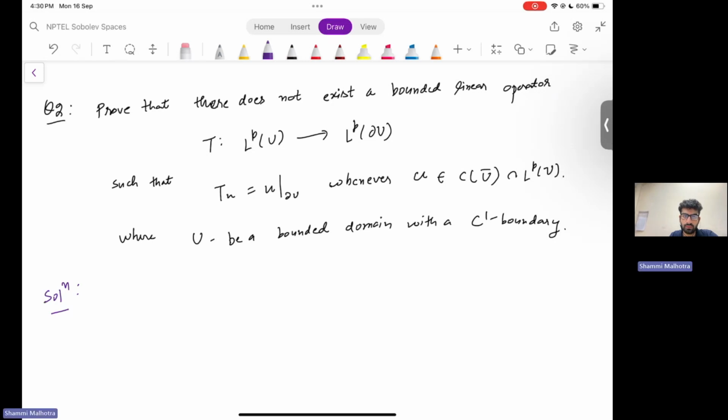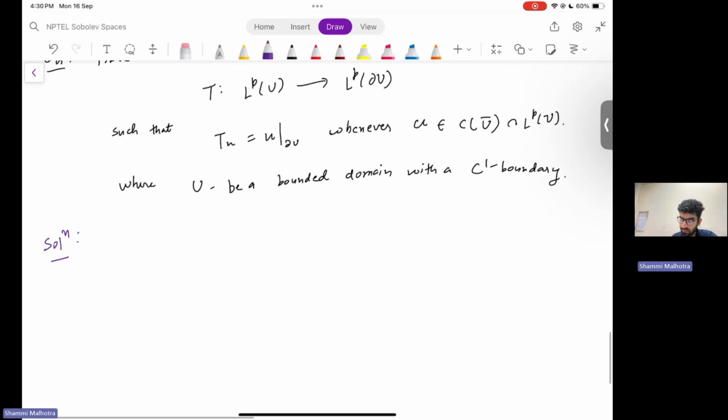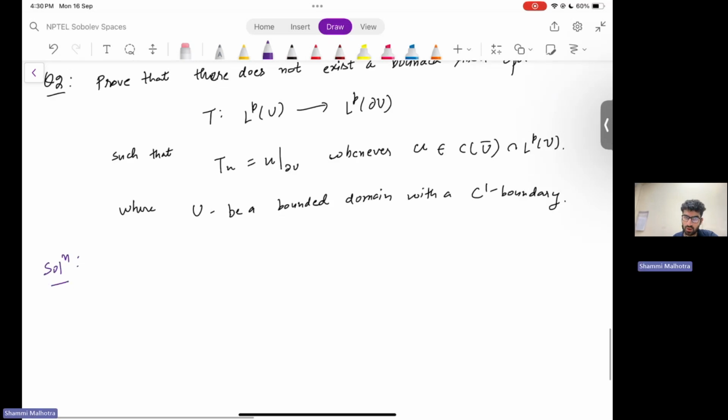To prove this, we just need to show that if T is any map, it is not continuous. How do we show that?